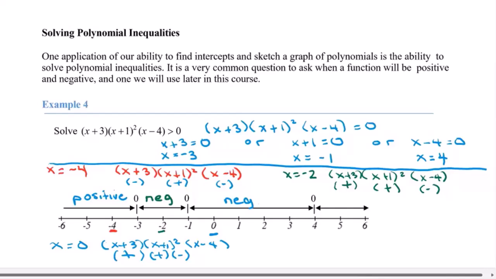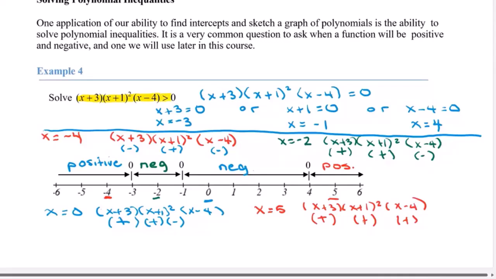And last, let's pick 5. So when x equals 5, x plus 3, x plus 1 squared, and x minus 4. Well, this is a positive. This is always positive. And now this is positive. So my entire region is positive.